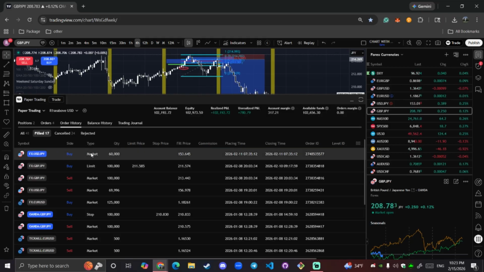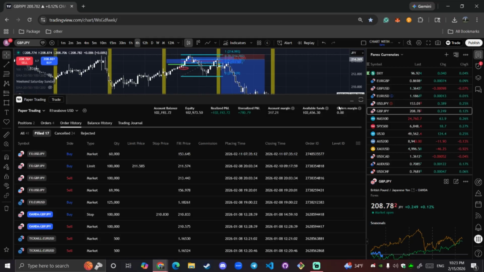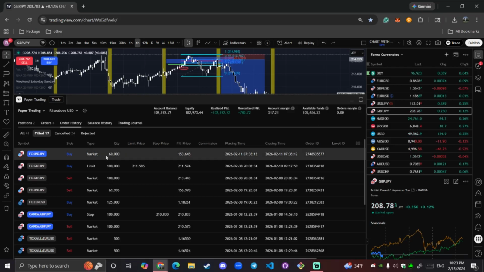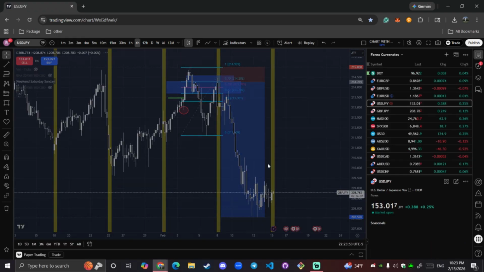And like I said, with USD JPY, I was in with 70,000 and took out 60,000 at 153.645, if we go back.